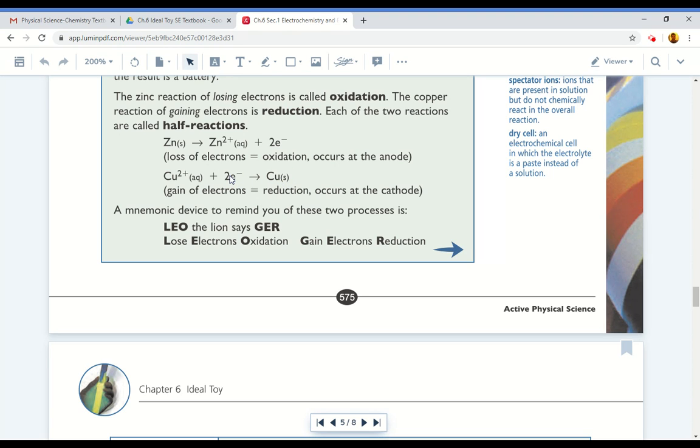There's the gain of electrons. Reduction occurs at the cathode. A mnemonic device to remind you of these two processes is: Leo the lion says GER, meaning lose electrons, oxidation, gain electrons, reduction.